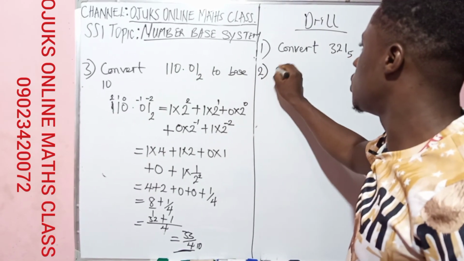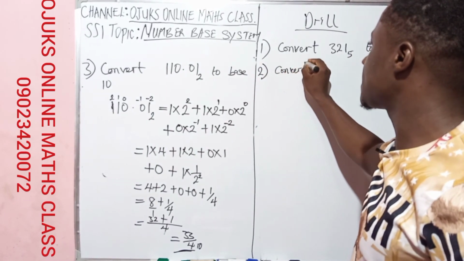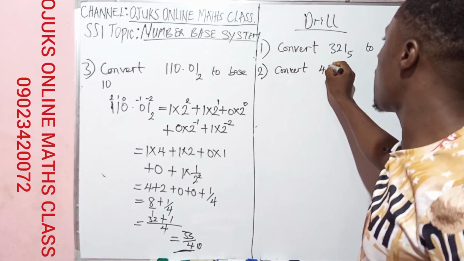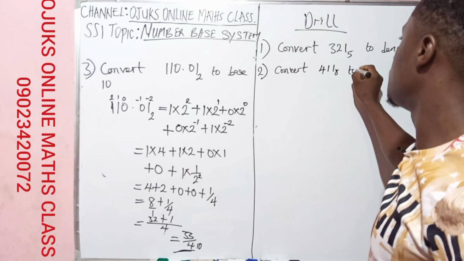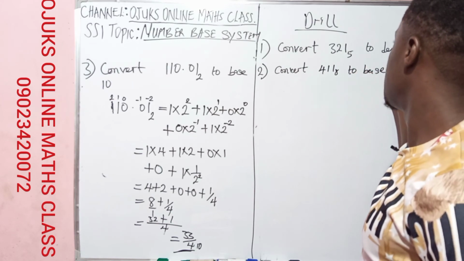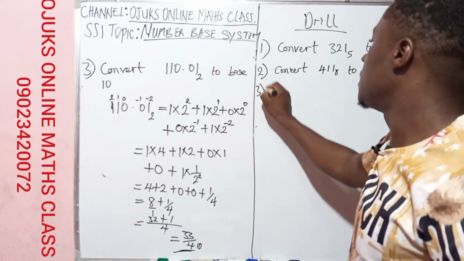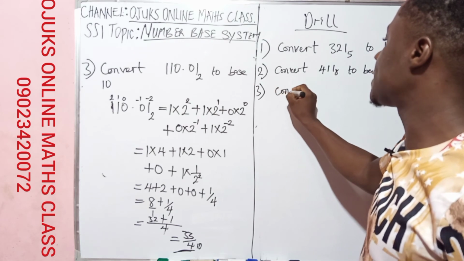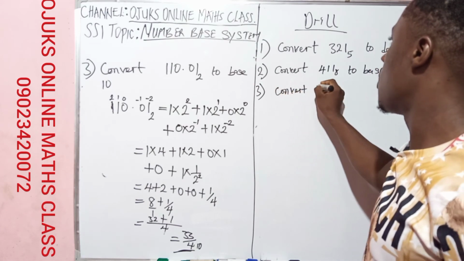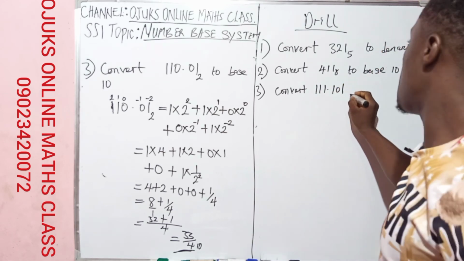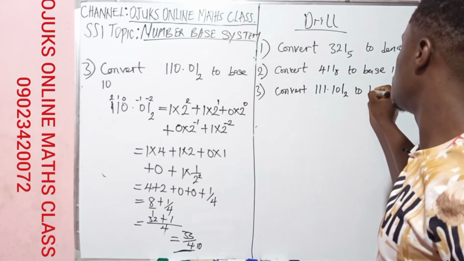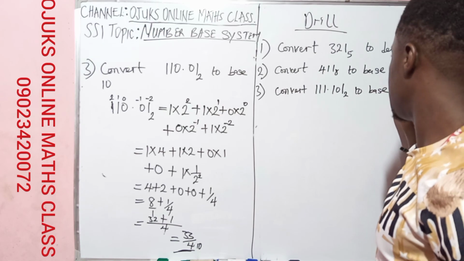Number 2, convert 411, a number in base 8, to base 10. Again, convert 111.101, a number in base 2, to base 10.